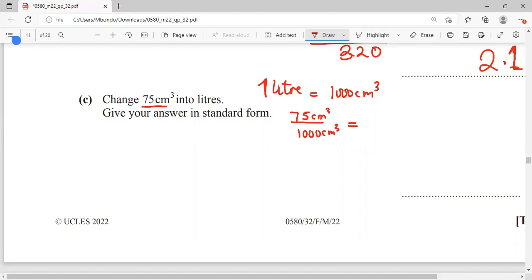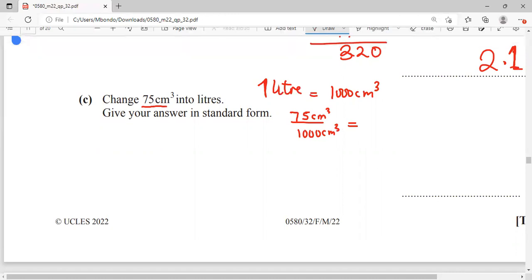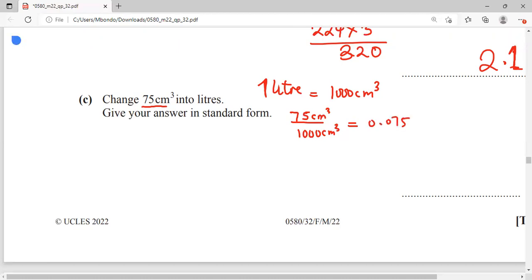So what are we going to get when we do the division? This is going to give us 0.075.